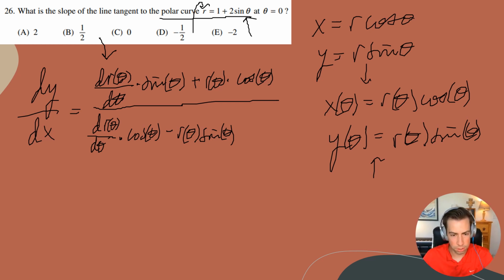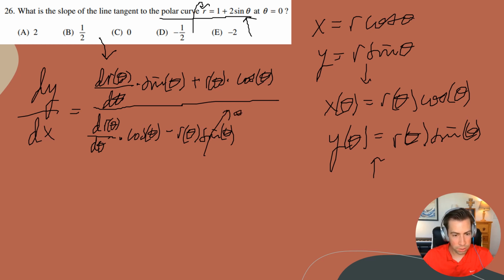Let me just plug in 0. So remember that cosine of 0 is, sorry, cosine of 0 is 1, and sine of 0 is 0. So this whole thing is going to go to 0.